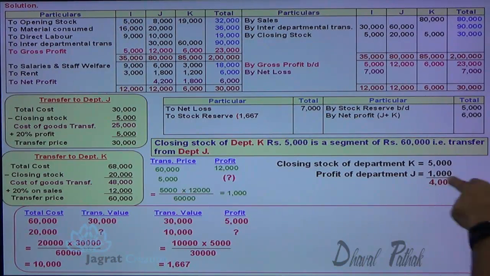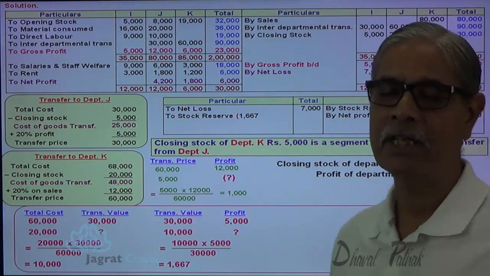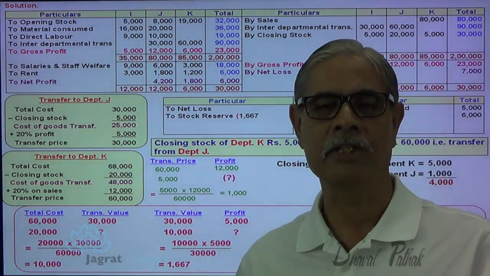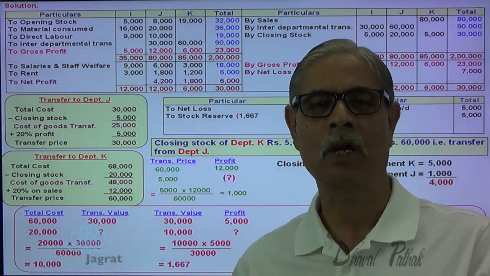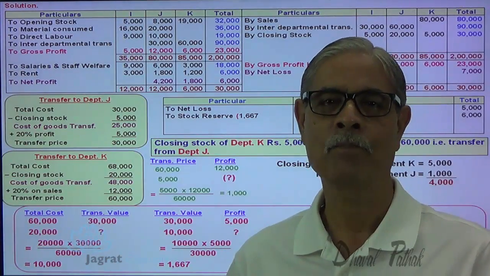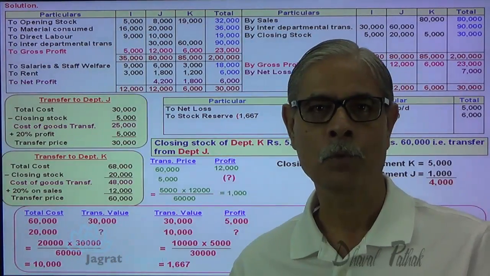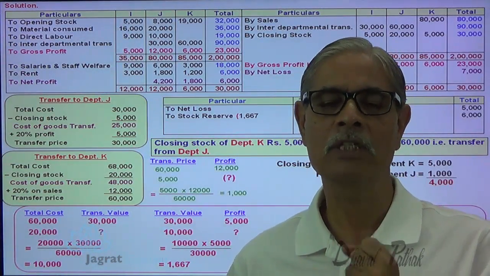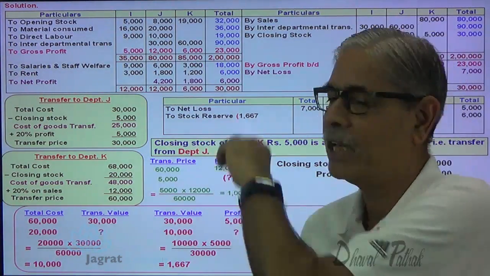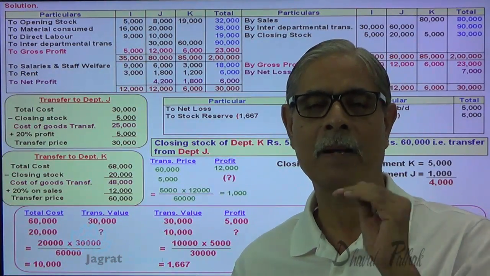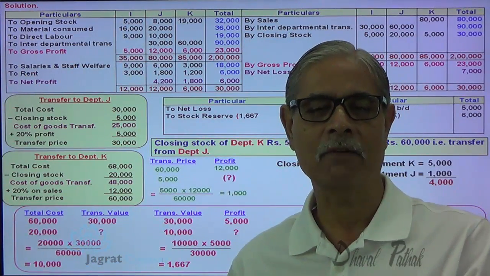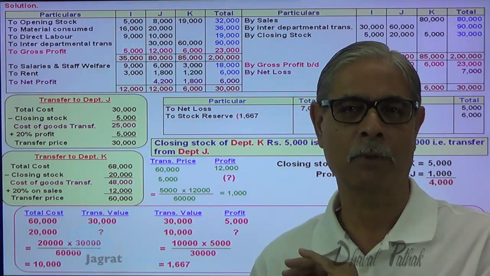So this is a cost for department J, and the cost of department J holds the element of profit of department I. So the closing stock of 5,000 of department K has got two profit loads, one charged by J and one charged by I. Because from I to J there was a profit load and from J to K there was a profit load.